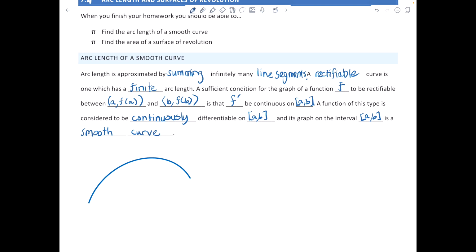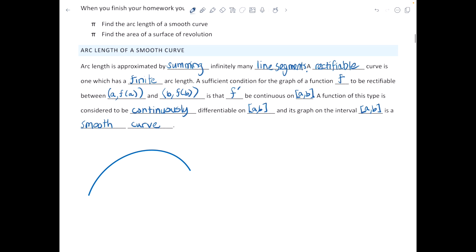We've seen a lot of theorems and definitions where a function had to be continuous on a closed interval and differentiable on an open interval. For this one, it needs to be differentiable on the closed interval because we'll be including the endpoints when we're integrating. All right?